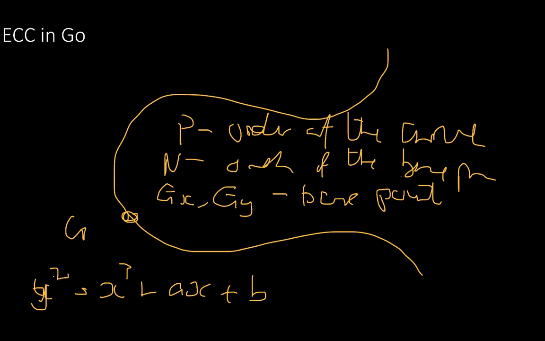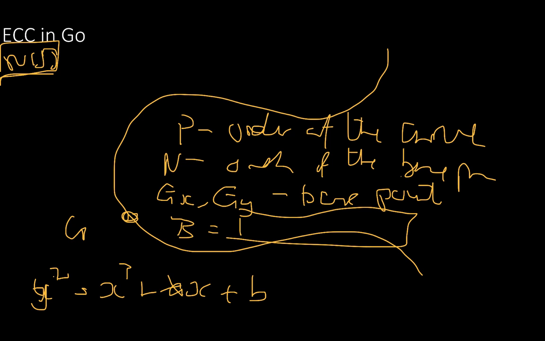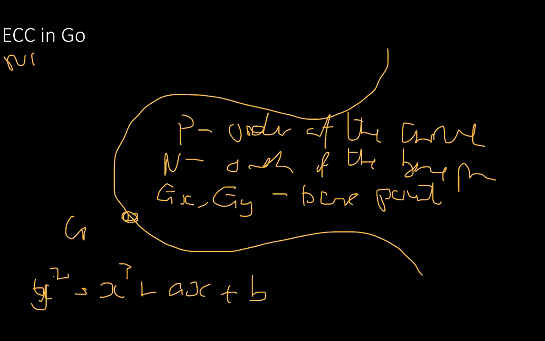And then in the NIST standards, the value of A is 0, so we end up with a B value. So the B value is actually defined for the elliptic curve type that we have. So it's these basic parameters which are used to define the elliptic curve. And we'll see those parameters in a little minute.